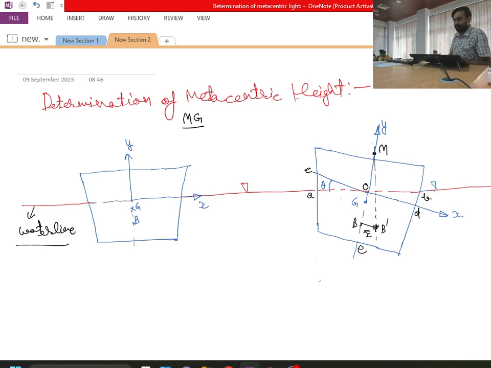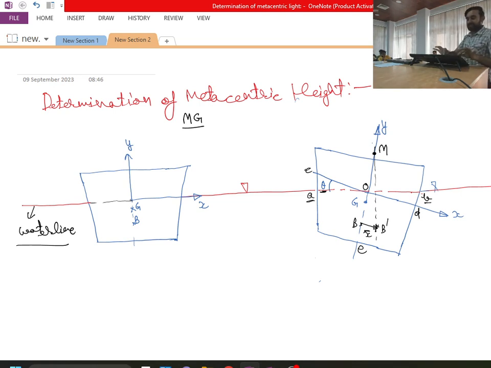So if I take the reference from these two points, A and C are coinciding and B and D are coinciding. Now, if I give certain deflection to this, say I rotate it through a certain angle theta, then my water line remains horizontal, which I have depicted with the letters A and B.